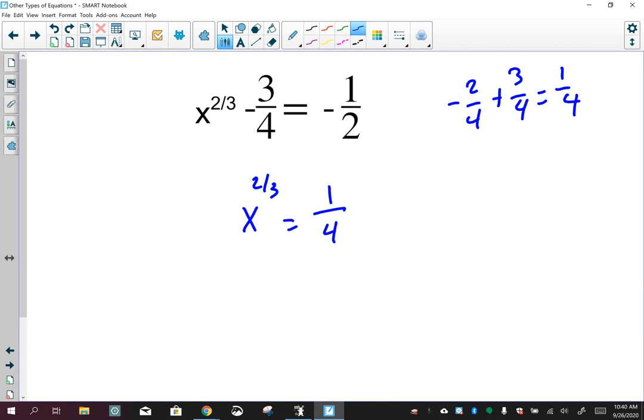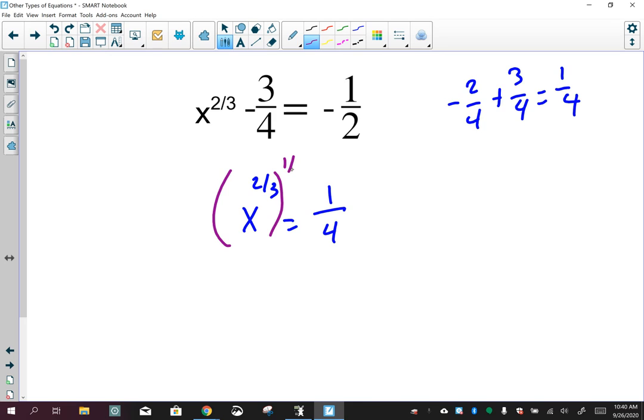All right, so now I want to go through this and try to figure out what I should do now. Again, it's going to be your choice. So I'm going to start off by taking the square root of both sides.